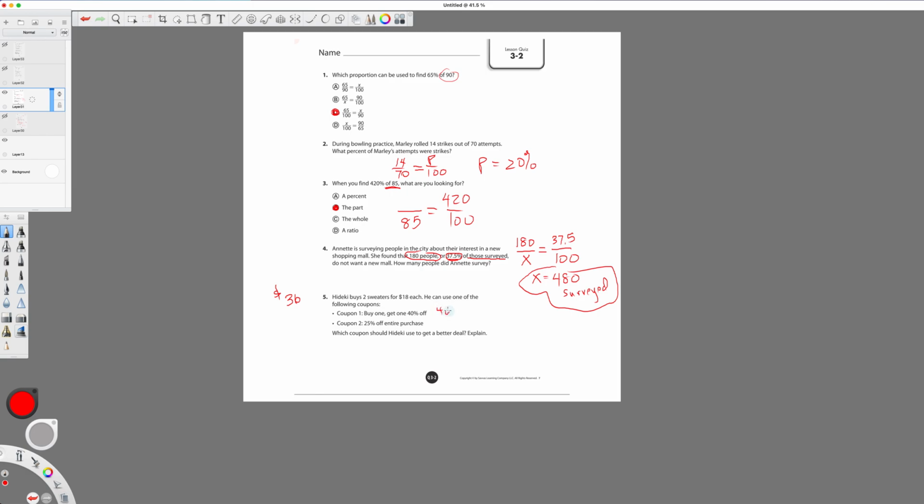So if we find 40% of 18, I can do that as 0.40 times 18. And if I type that in, 0.40 times 18, and it's $7.20. But that's not what he gets the sweater for.